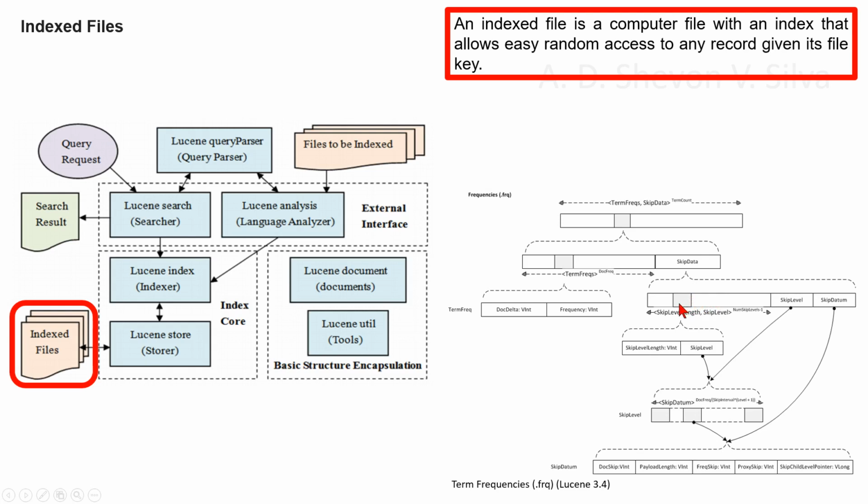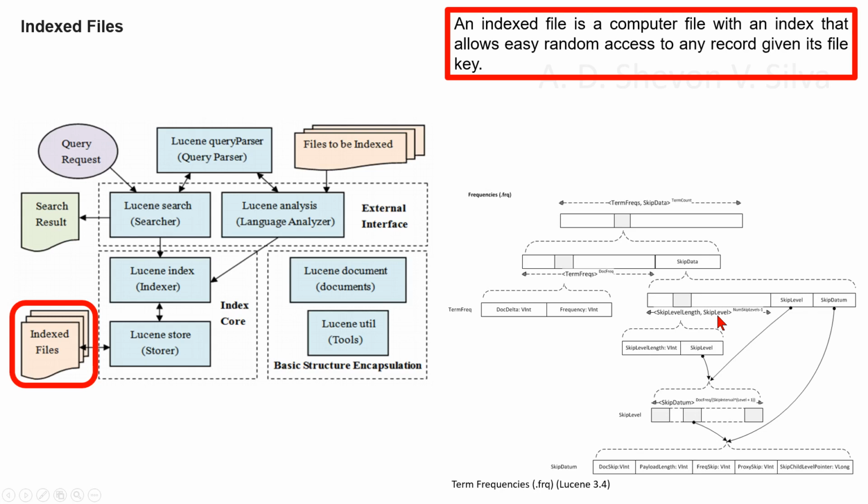The number of skip levels in skip data, num skip levels, equals min of max skip levels and floor of log doc freq divided by log skip interval.